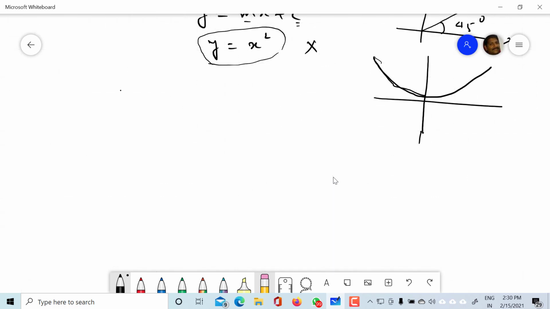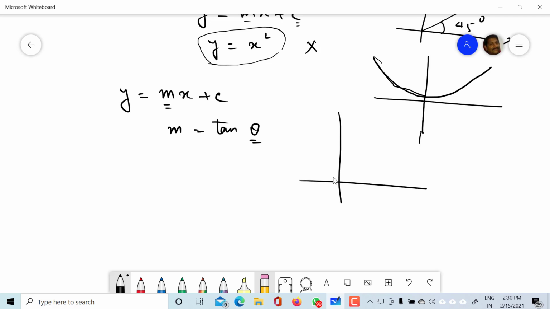So the one equation of line is y equal to mx plus c, in which the value of m is tan theta. Okay, that means what is the angle with the x axis? This is the theta.